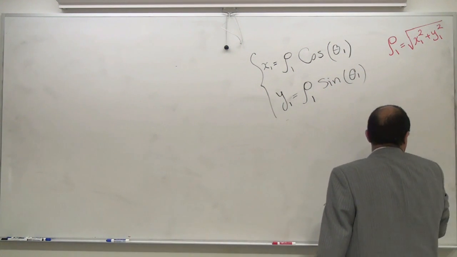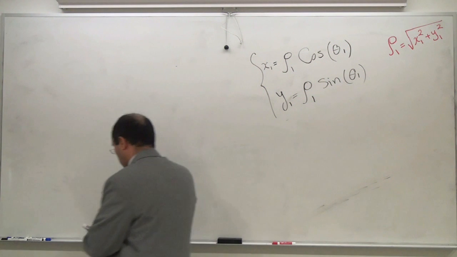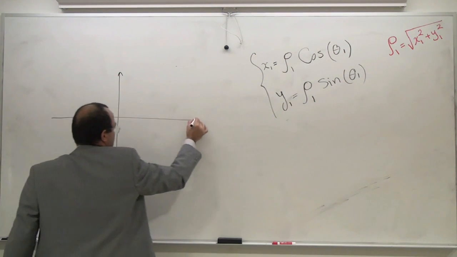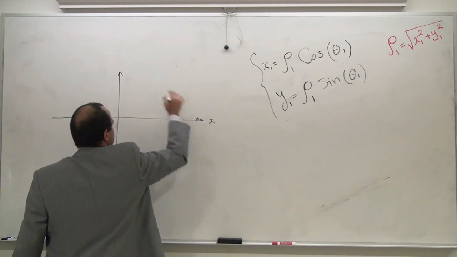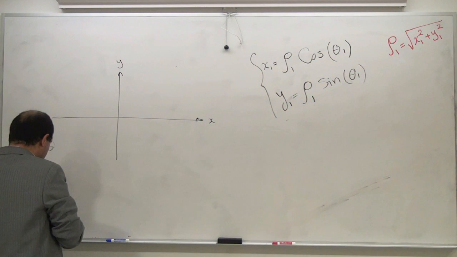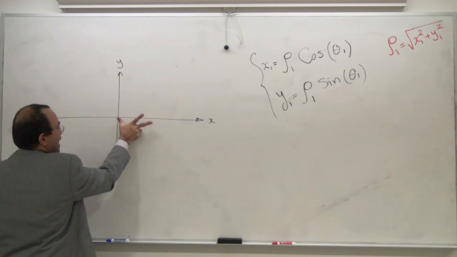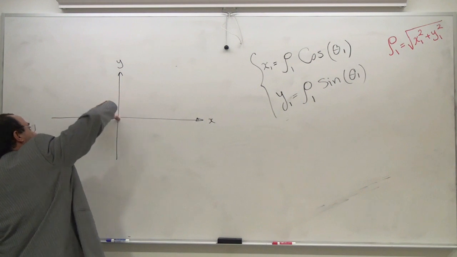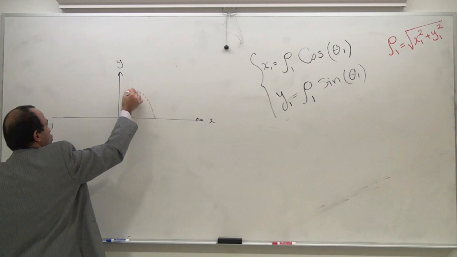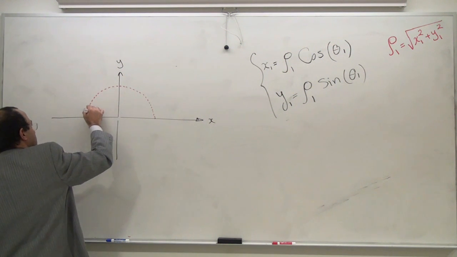Let's see. I want to introduce the unity circle. It's a very quick shortcut into finding the angles. This is x and y, still in the 2D space, but I want you to imagine one unit, and I want you to go around and create a circle. So this is a unity circle.